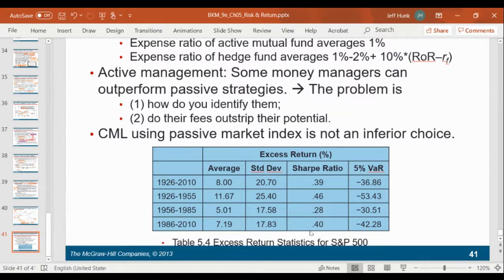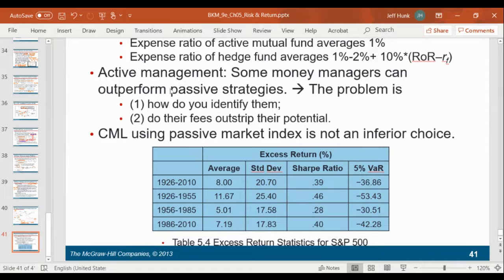The Sharpe ratio was 0.4, which is not really that bad. Sub period 3, 56 through 85, was the lowest in Sharpe ratio. Otherwise, it was all above about 0.3.